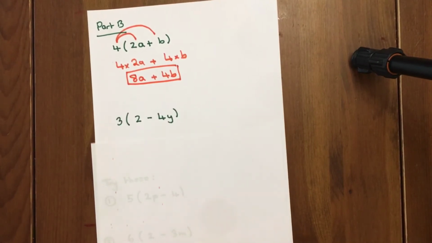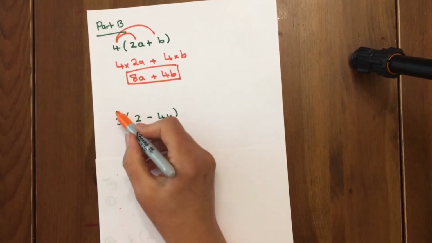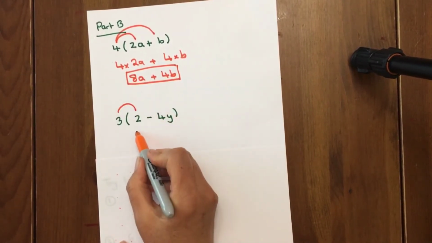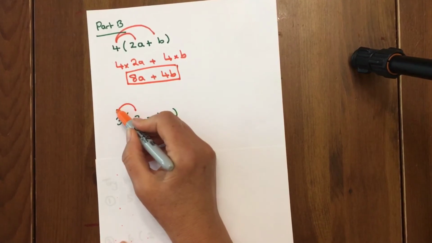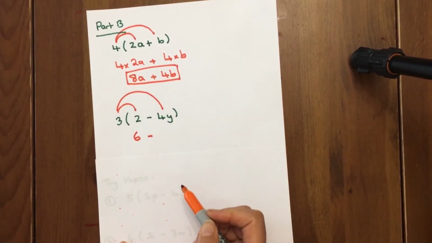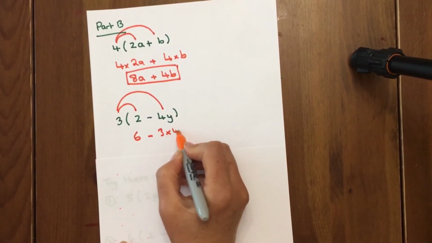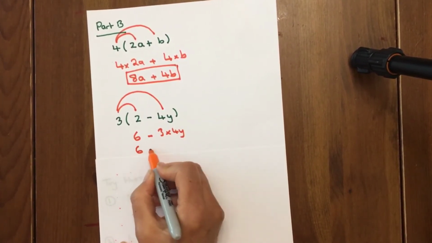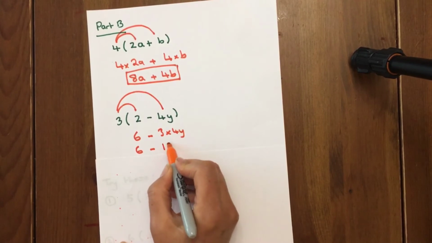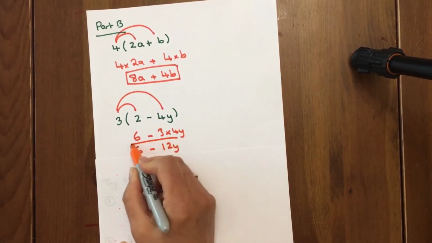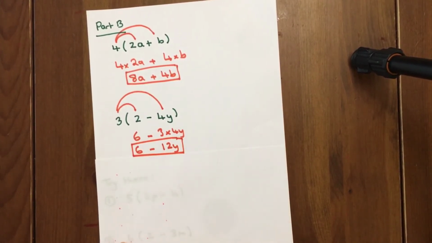Okay, let's do one more just to practice. 3 times 2 is 6, minus 3 lots of 4y. 3 times 4y. So I've got 6 minus 3 times 4y is 12y. And there's my end answer.